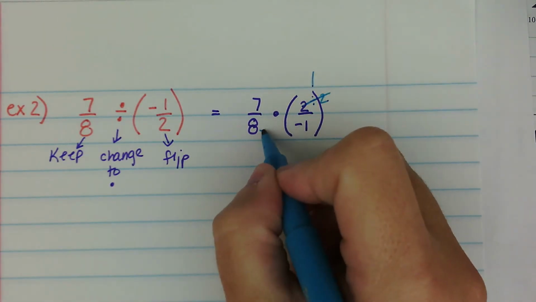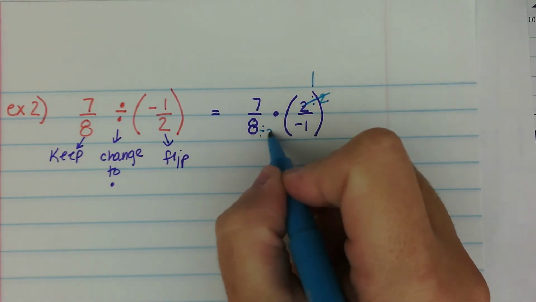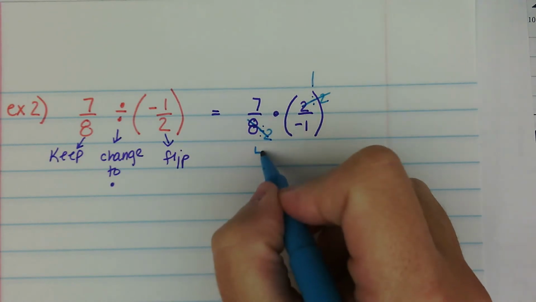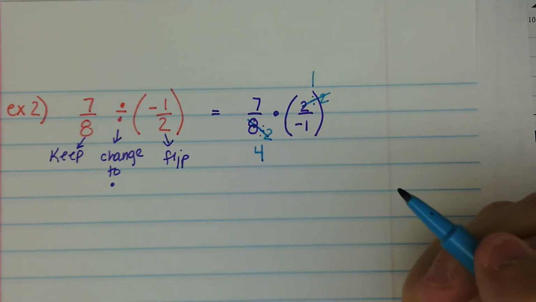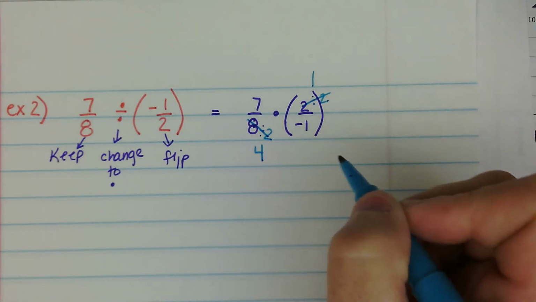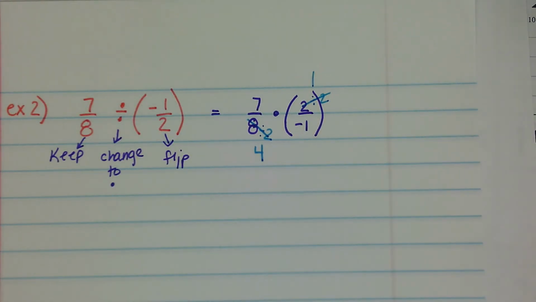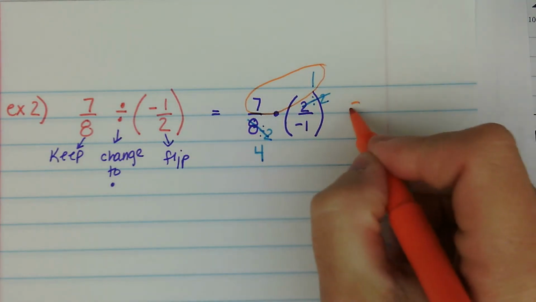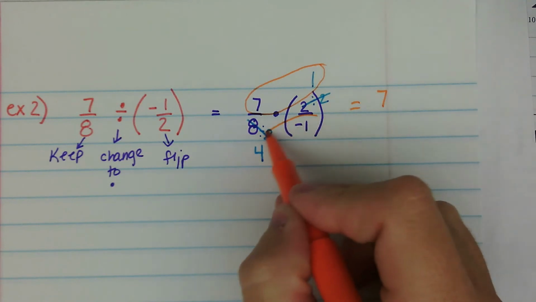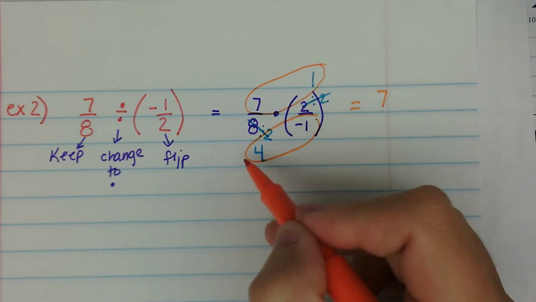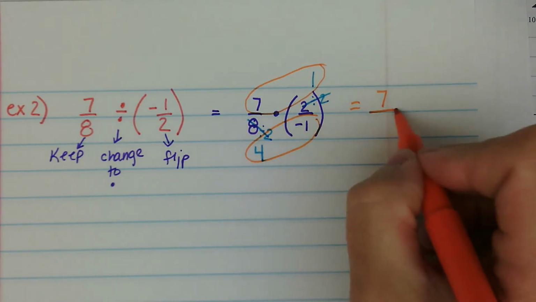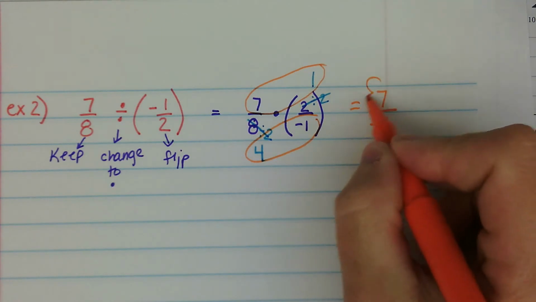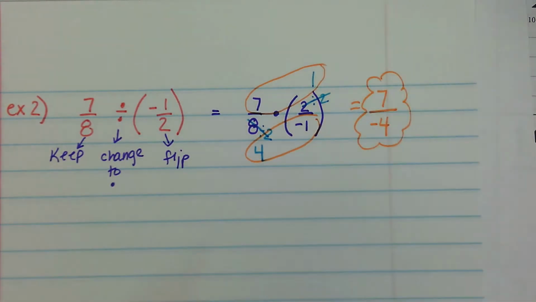And we're going to divide the bottom 8 by 2 and get 4. That's all we can do. There's nothing else to do here. So now we're going to multiply across, 7 times 1 and 4 times -1. Remember, a positive times a negative is going to give me a negative. And this is my final answer.